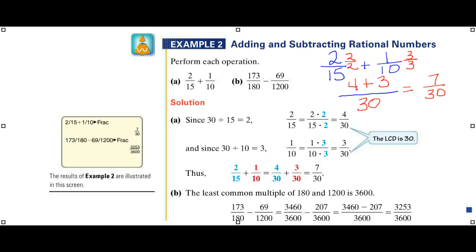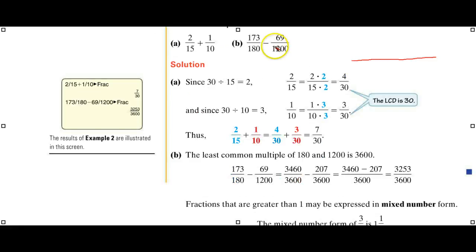Now, B is a little more complicated. Looking at this, I see an 18, and I see a 12 there, and I see a 36. But this is 1200, so I see 2 zeros there.